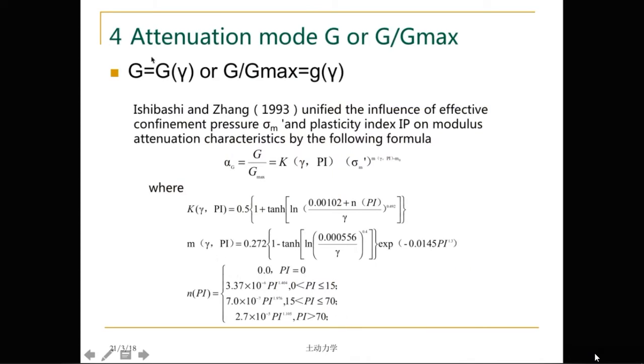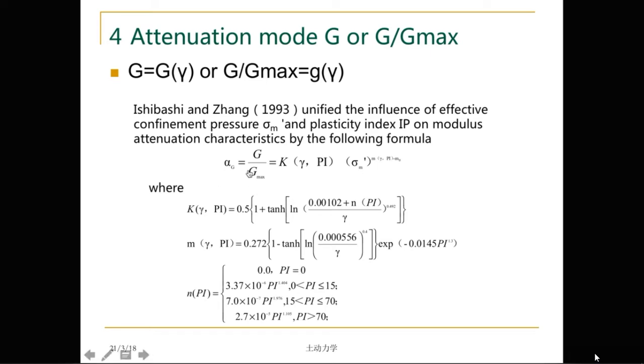Then let's see the attenuation model, G over Gmax. G is a function of strain, and the ratio of G over Gmax is also a function of strain. Ishibashi and Zhang unified the influence of effective confining pressure sigma m prime and the plasticity index IP on modulus attenuation characteristics by the following formula.